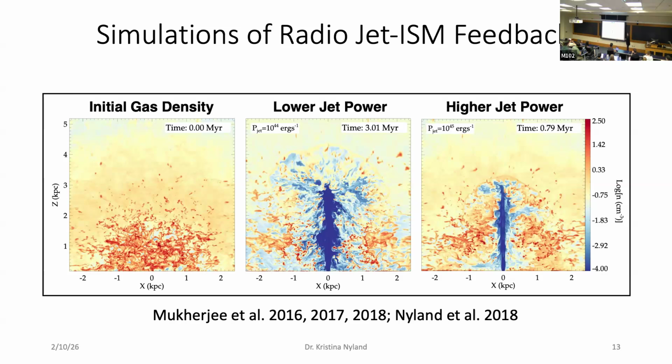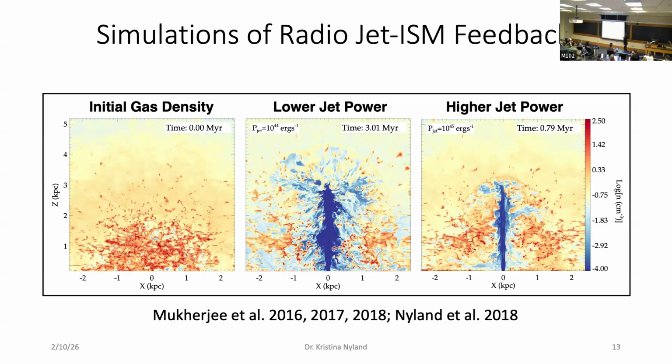On the left here, this is the lower power jet, and this simulation ran for 3 megayears. And on the right here, this is the factor of 10 more powerful jet, and this simulation on this side only represents 0.79 megayears.